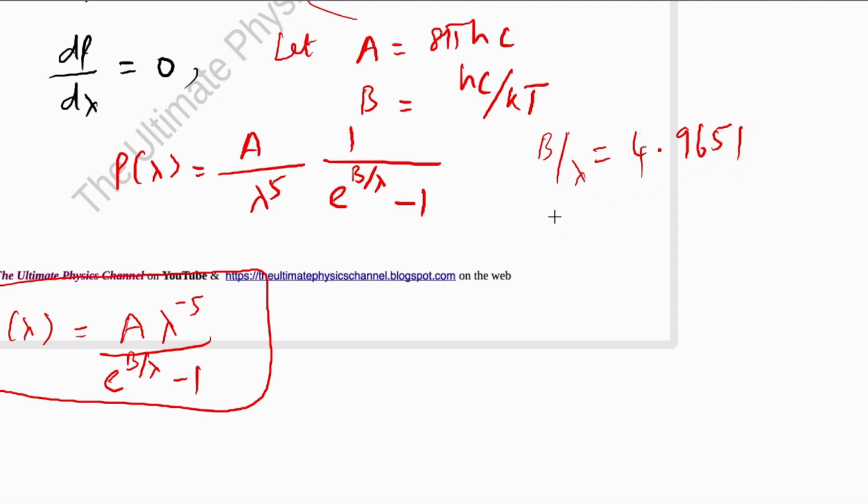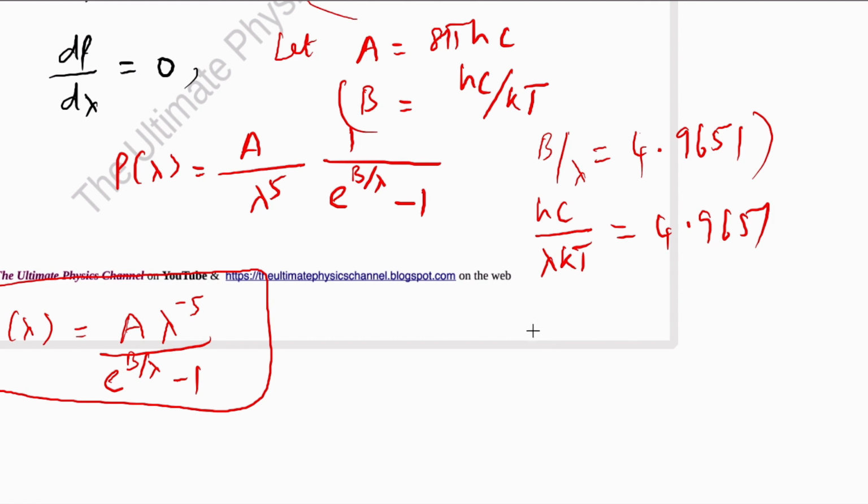If up to the 4th decimal you are satisfied with the accuracy, you can take this, and then b is hc over kT. So you have hc over lambda kT equal to 4.9651.